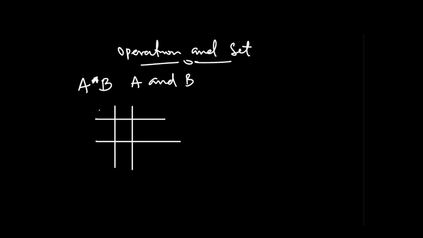So let's say I have operation asterisk here, and I have here A, B, and here A, B, just like the example given to us.